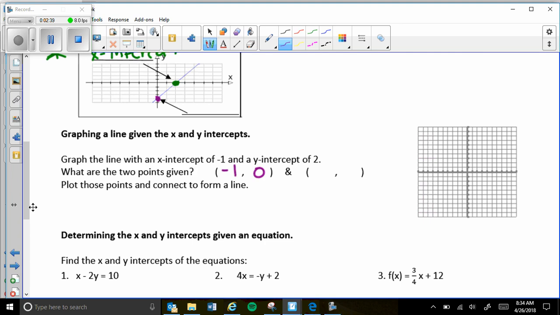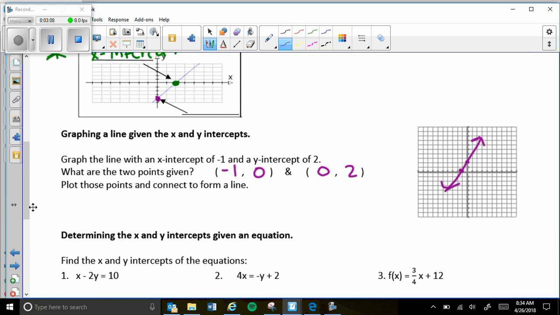And when I'm talking about the y-intercept, the x value is always 0. So make sure that when you're writing these, you're writing them as ordered pairs, not just numbers. Okay. So now I can plot these. -1, 0 is my x, and then 0, 2 is my y, and now I can create a line that goes through those 2 points.